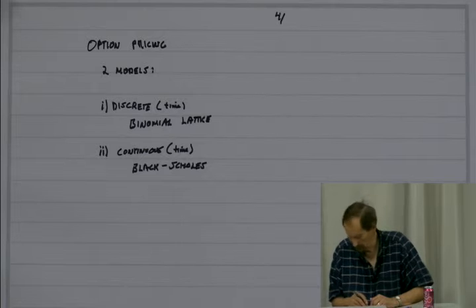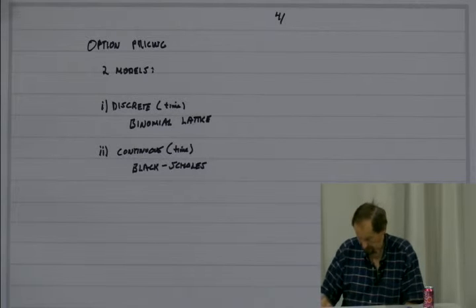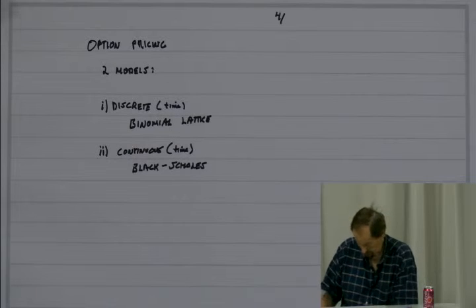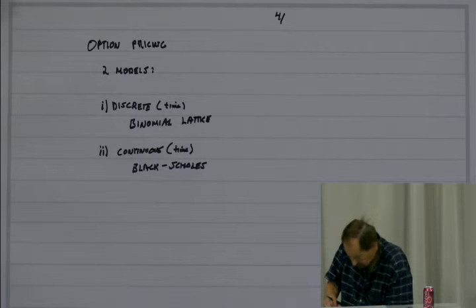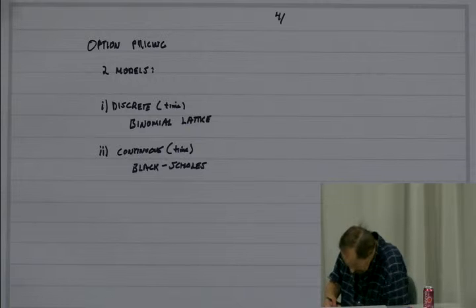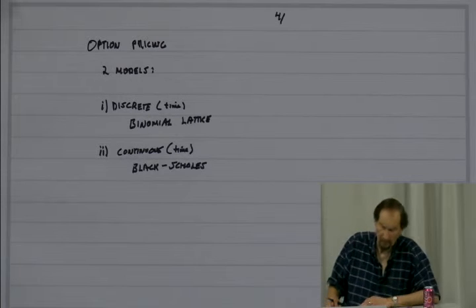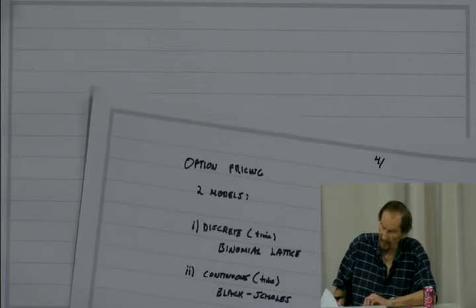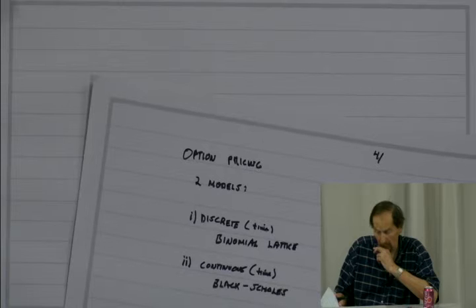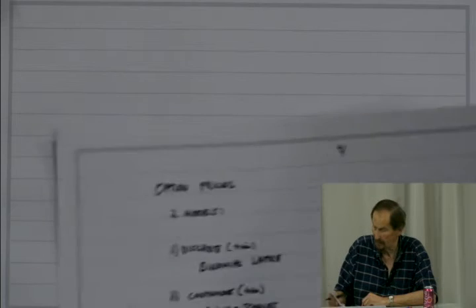Okay, so first let's talk about the easier one. And in fact, with computers now, the easy one is easily implemented on high-speed computers. The continuous one, you can calculate that by hand. Okay.